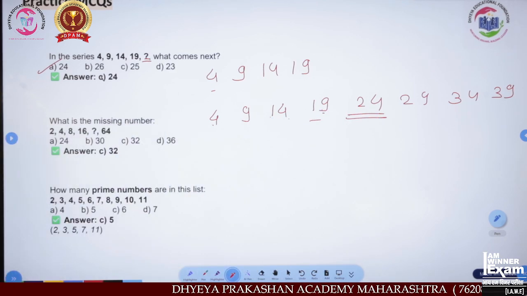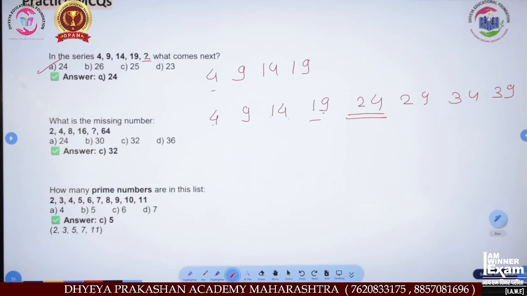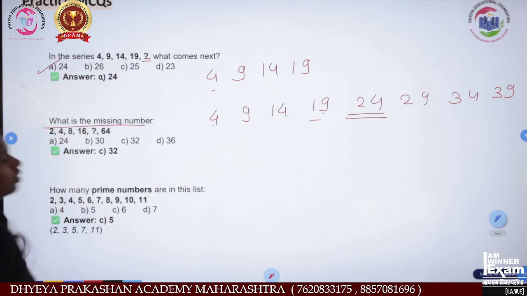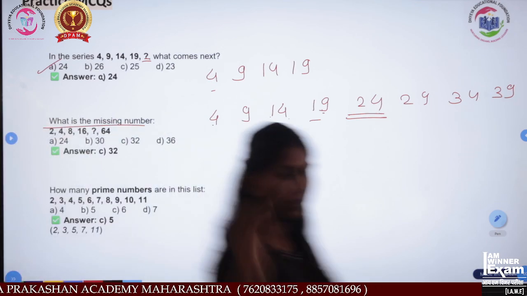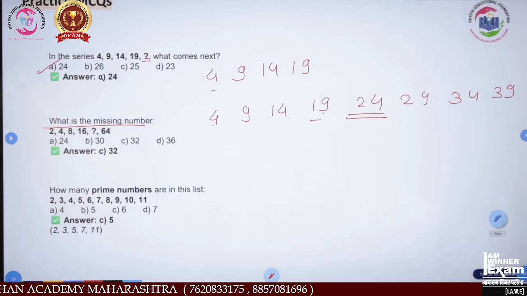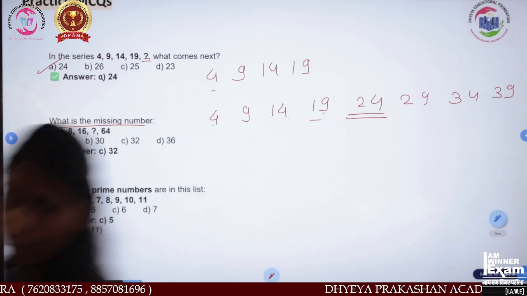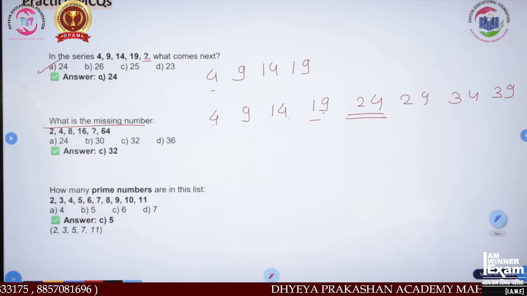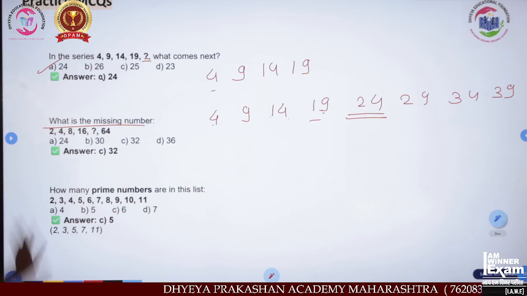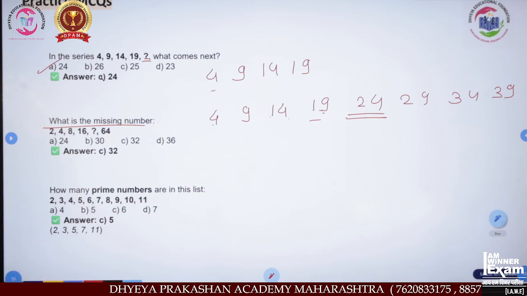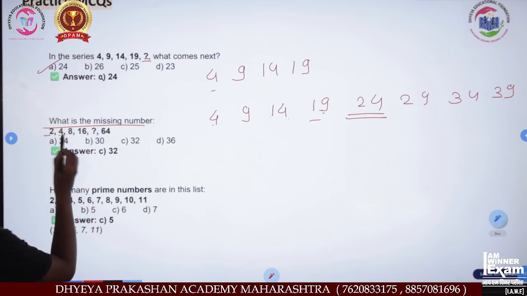Now next question, what is the missing number? Now again we have to find the missing number from the series. If you look at the numbers carefully, you will find out that it is a table of something, right? 2 ones are 2, 2 twos are 4, 2 threes are 6.